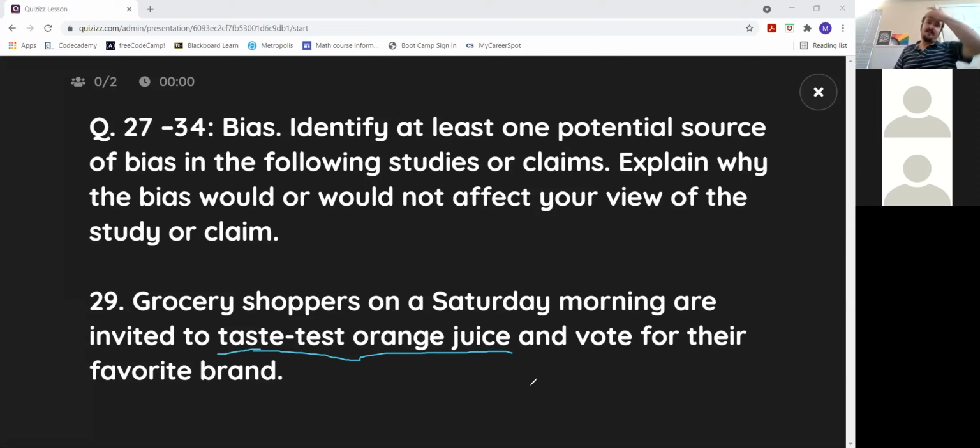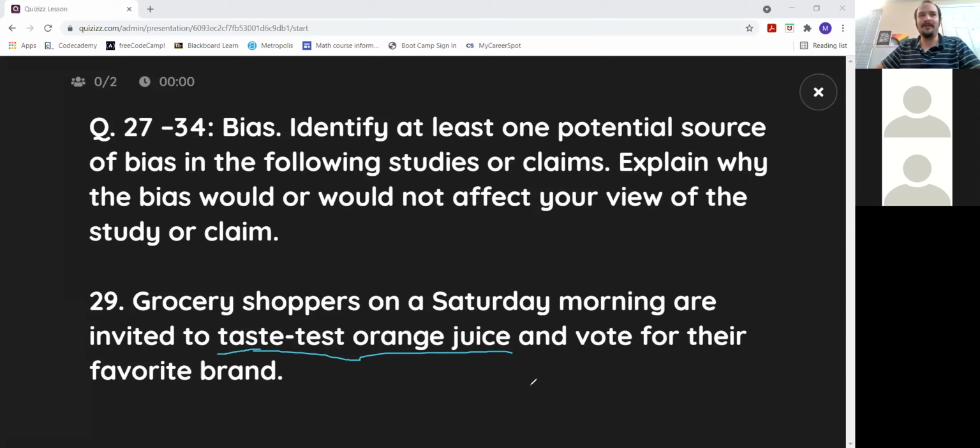So there is this thing where when you go out and do this, you're only going to get people that volunteer for this, right? So there is that voluntary selection bias. You're only going to get those people that volunteer. Here, it's probably not so bad. Most people probably like orange juice, and it's not a big thing. But if you're going to the mall on a Saturday morning and trying to get people to fill out a 100-page questionnaire, right?